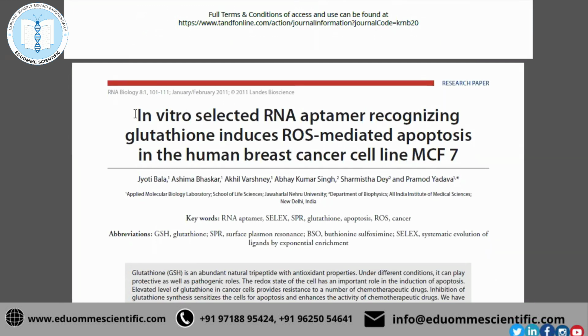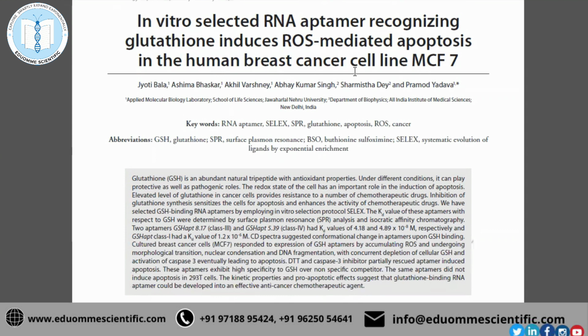Once you read the title page, you can read: in vitro selected RNA aptamer recognizing glutathione induces ROS mediated apoptosis in human breast cancer cell line. So you can understand that the aptamer, which is recognizing and binding to glutathione, is inducing apoptosis in a breast cancer cell line.